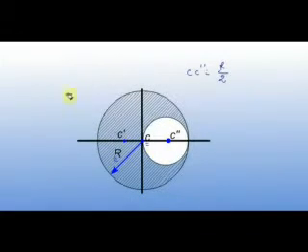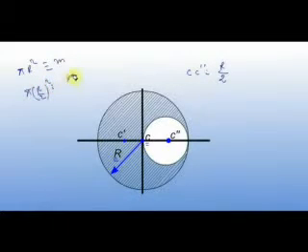So to find this, first let's find out the mass of the shaded region. Since the area of entire circle is pi r square and the mass of this entire disk was m, now a hole has been punched off, so the area of this hole would be pi into r by 2 whole square, that is pi r square by 4.